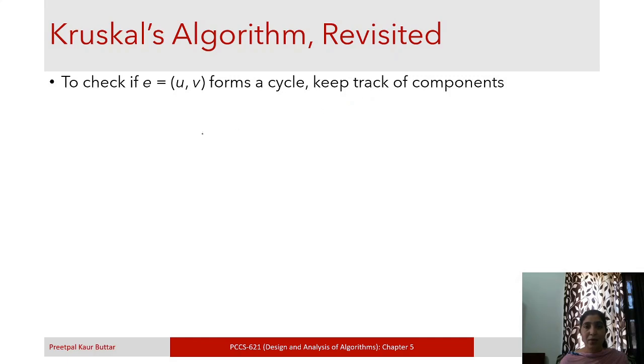And now we are revisiting this Kruskal's algorithm by including the concept of components. Okay, so to check whether adding an edge forms a cycle or not, we need to keep track of components as we discussed in the example.